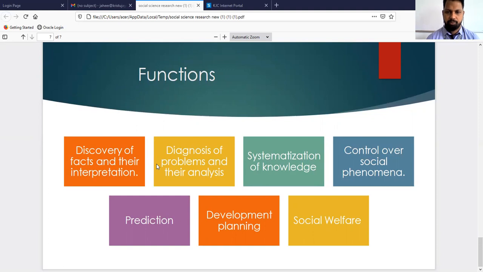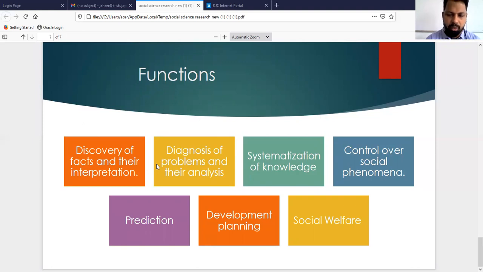Say, for example, if the government wants to implement some developmental policy with regard to backward people, they will conduct a study on the socioeconomic status of that particular group. Based on the study and an understanding of the current situation, the researchers will provide recommendations.